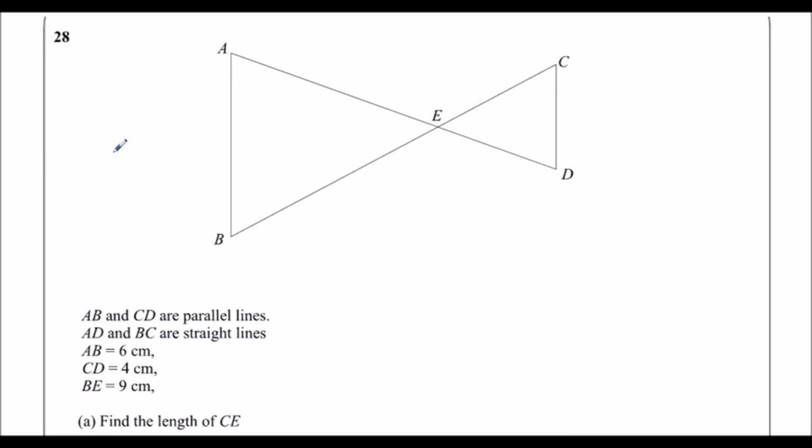Question 28. So we've got AB and CD are parallel lines. AD and BC are straight lines, so two parallel lines with two straight lines going between them. AB is 6 centimeters. CD is 4 centimeters. BE is 9 centimeters.